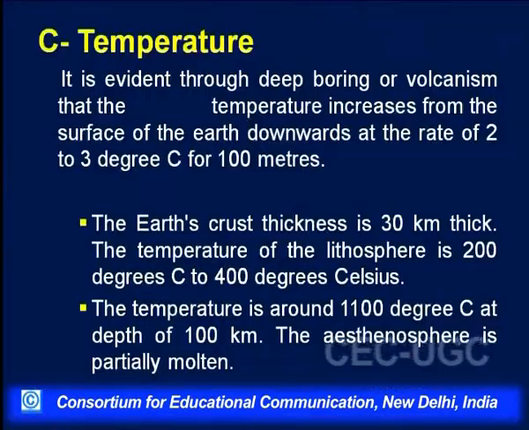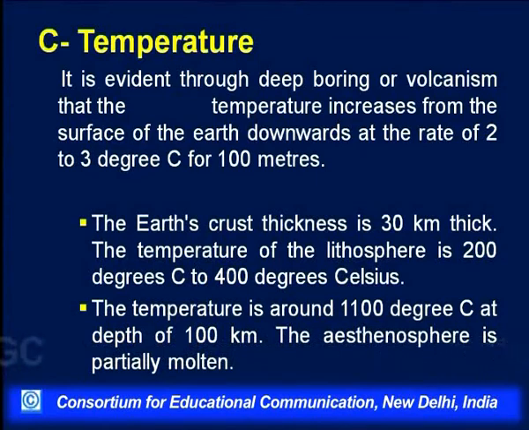And this increase downwards, from the surface to the center of the earth, is continuous, at a rate of about 2 to 3 degrees Celsius for each 100 meters.